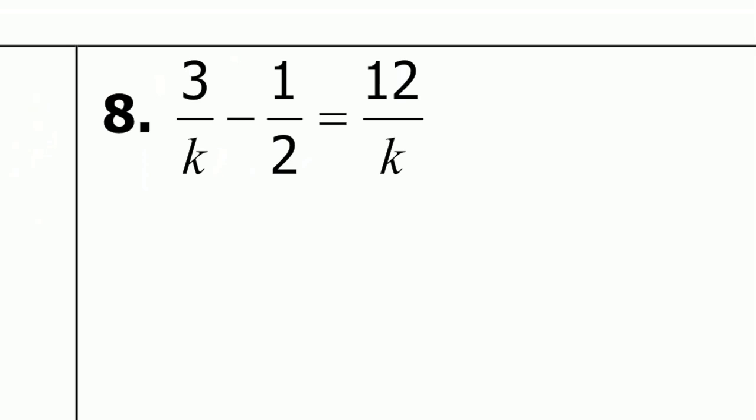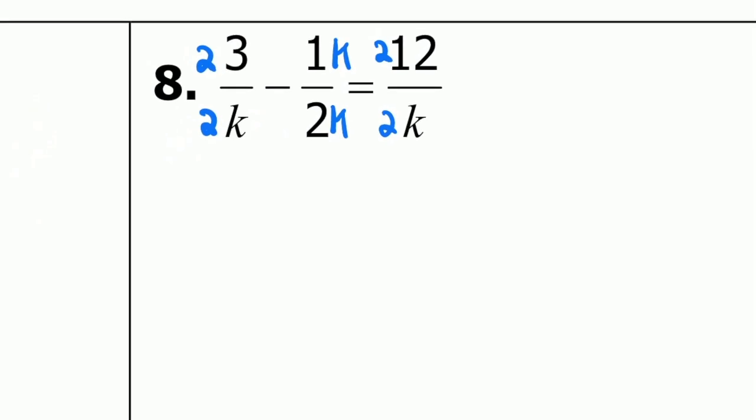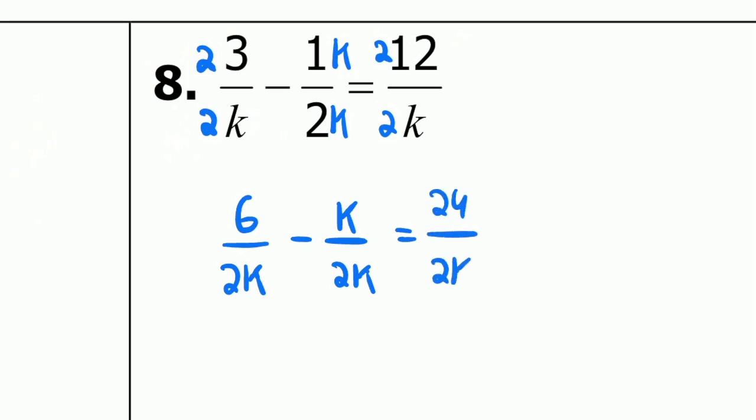If I want everything to have the same denominator right here, this needs to be multiplied by 2. This is going to need to be multiplied by k, and then this is going to be multiplied by 2. So when I do that, I will have 6 over 2k minus k over 2k, because 1 times k is just k, equal to 24 over 2k.